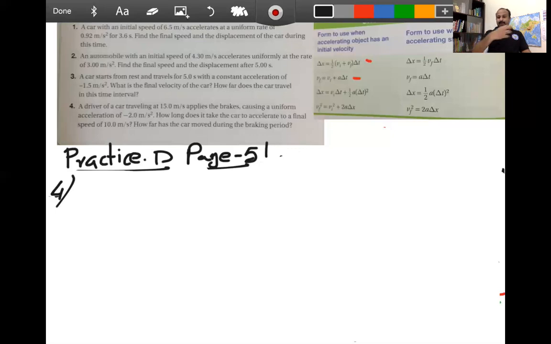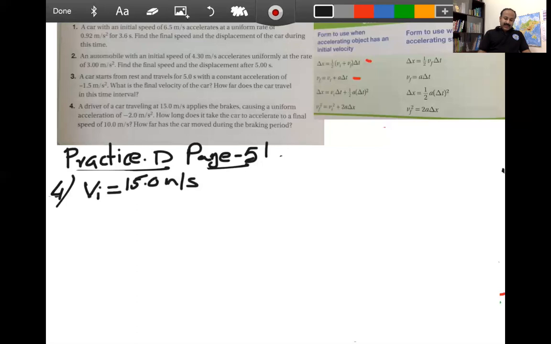When you apply brake, the speed reduces from 15 meter per second to 10 meter per second. So it will take some time for that. During that time, the car has traveled a distance. That distance they are asking in this question. So now we will write the values given there. A driver of a car traveling at 15 meter per second, so your initial velocity Vi is 15.0 meter per second.